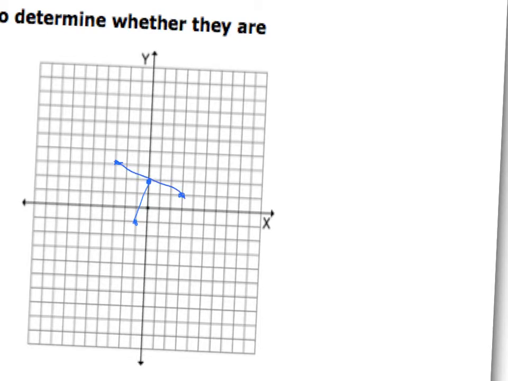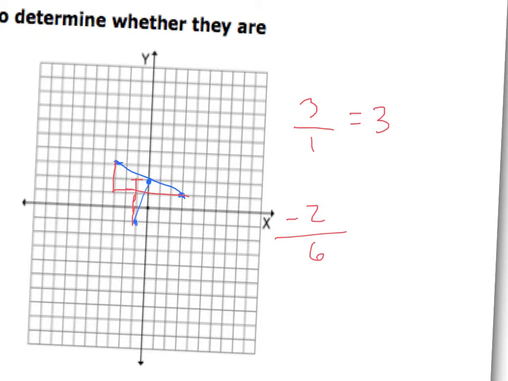All right, so let's find the slopes of each. On this guy, we have a rise of 3 and a run of 1. So our slope of that guy would be 3. And our other guy, we have a rise of -2 over a run of 6.